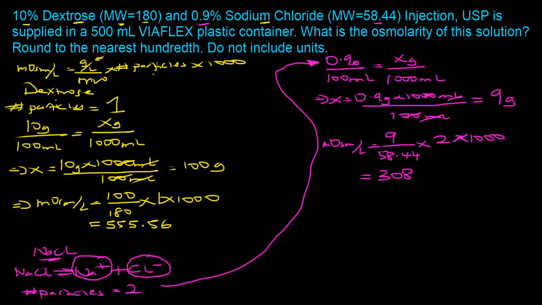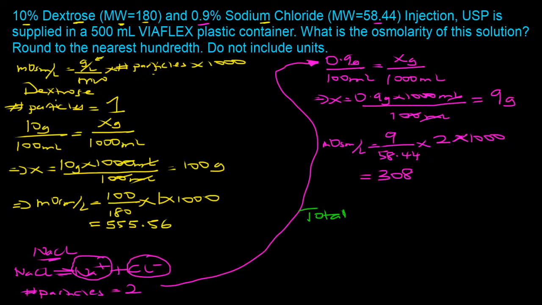So we found the osmolarity from the dextrose, and we found the osmolarity from the sodium chloride. The osmolarity for this solution will be the total of those values.